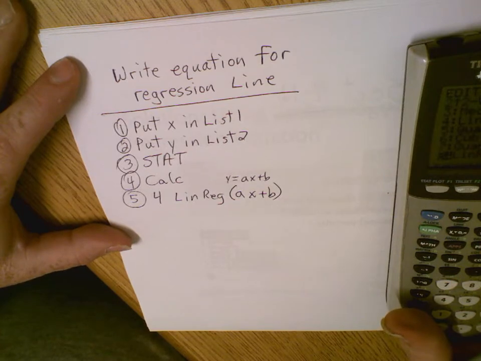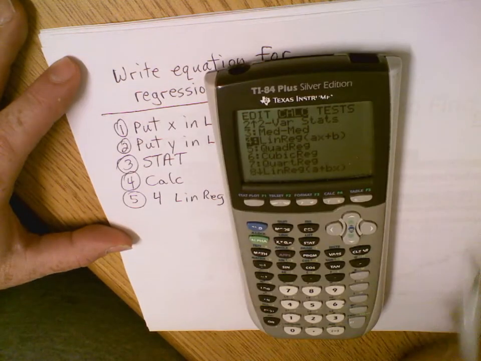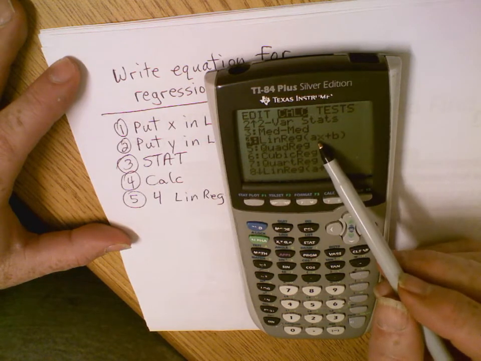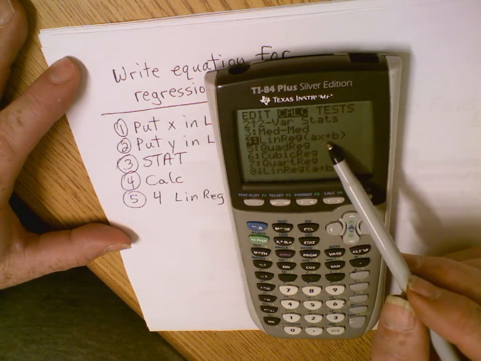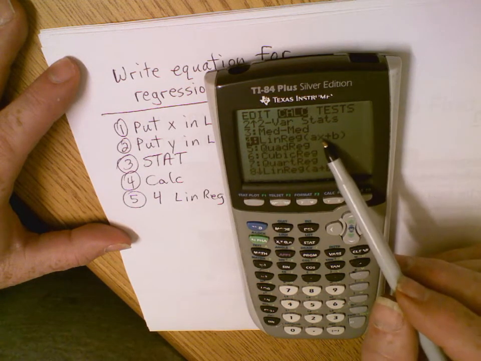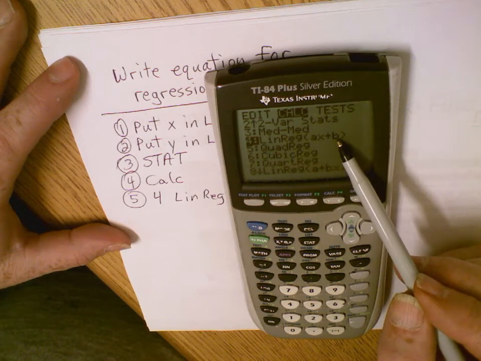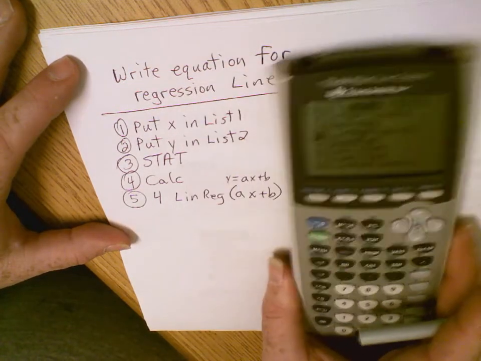We don't want it. We want the first one here, the one that says AX plus B. It doesn't really make a whole lot of difference, but we want to stick with everybody doing the same thing. So A is our slope, B is our y-intercept. On my calculator, again, it's number 4.